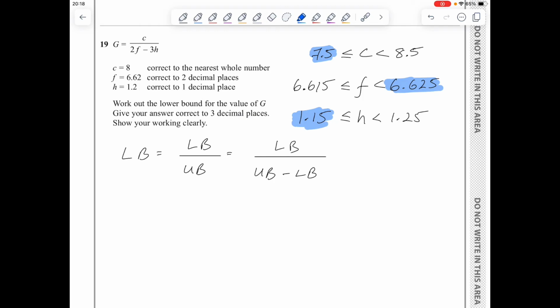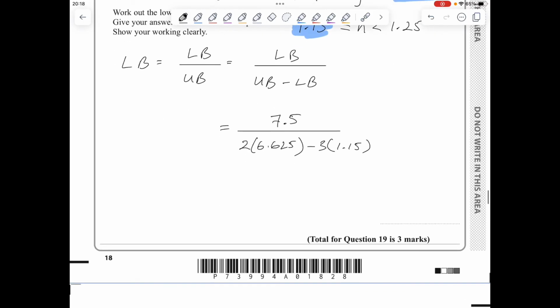If I replace these numbers into the equation, I'll get 7.5 over 2 times 6.625 minus 3 times 1.15. Now put that on the calculator, you'll get a value of 75 over 98. And as a decimal, this is 0.765 to 3 decimal places.